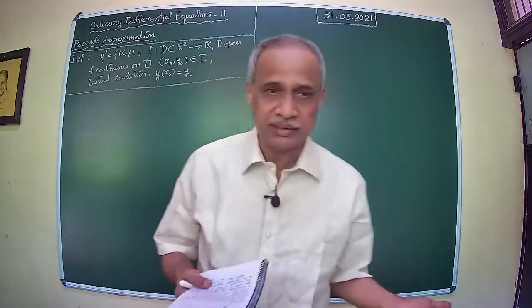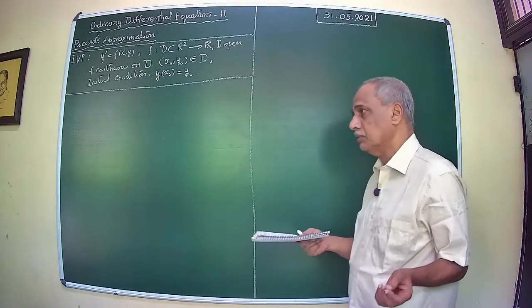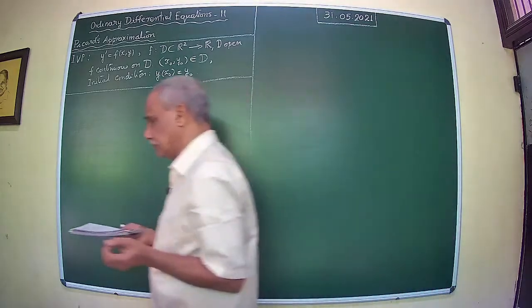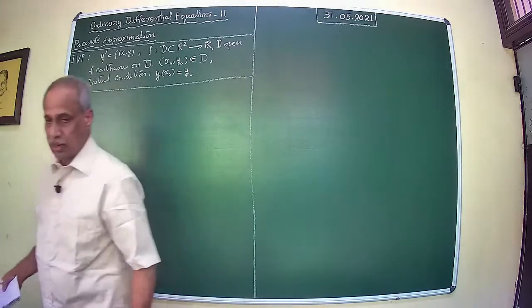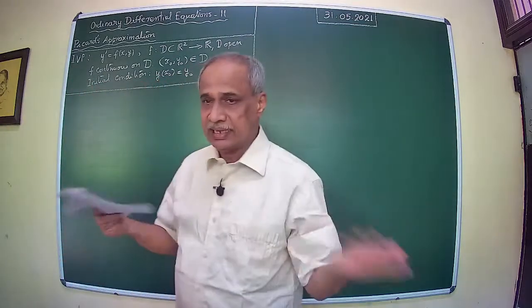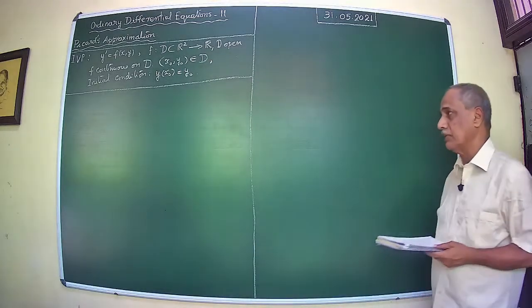In the last few theorems, we analyzed what happens near the boundary, or how the solution behaves at the endpoint or in the neighborhood of the endpoint.